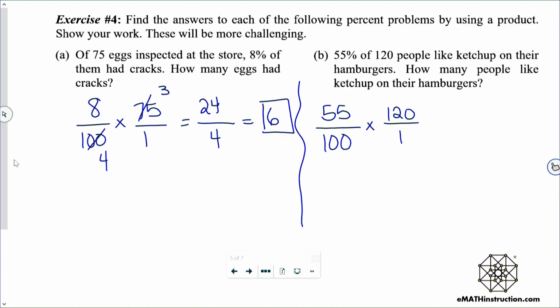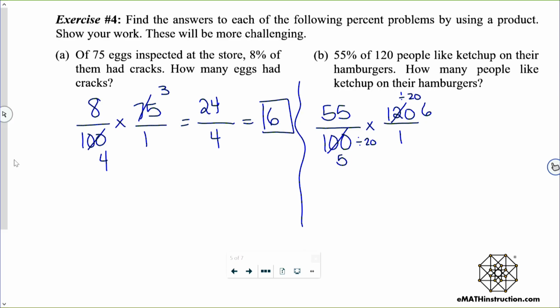Again, it might be easiest if we first do some cross canceling. Both 100 and 120 are divisible by 20. If that's not obvious, you could certainly divide them both by 10. That should be a little more obvious. If I divide them both by 20, I get 5 in the denominator there and 6 in the numerator there.